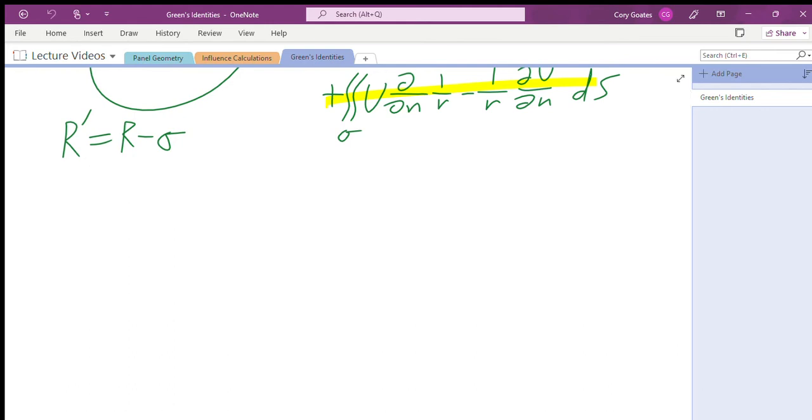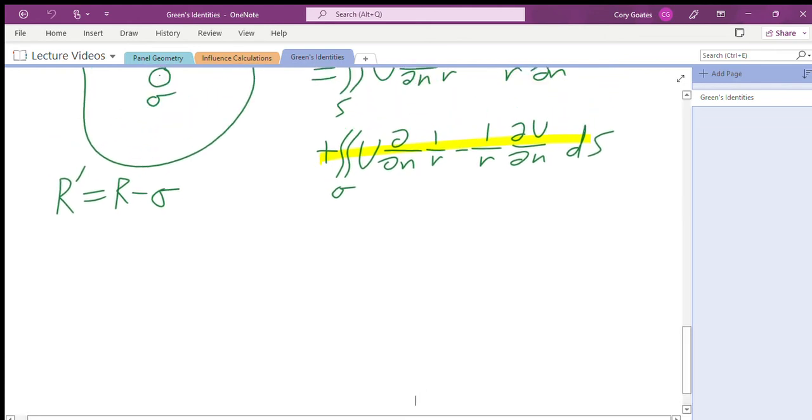Now, solid angles are a little odd, but think about it in 2 dimensions: if you're integrating over the surface of just a circle, you could do that as a line integral, or as an integral in theta, the angle of the circle. You can do the exact same thing in 3 dimensions. You can do a surface integral in terms of the surface, or in terms of what's called the solid angle. And here we're going to denote the surface in solid angle by omega.